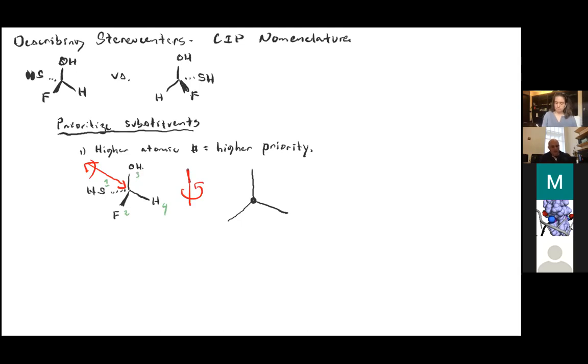And so when I do that, again, let's start with what's easy. The OH is up, and that's going to remain up, okay? And then the fluorine swings off to the right, sulfur is on the left, okay? And so if we then put our priorities there, 3, 2, 1, okay?